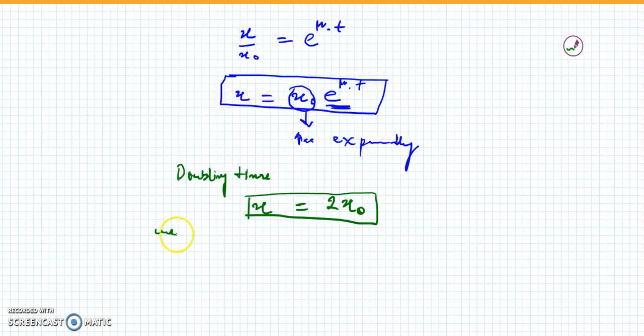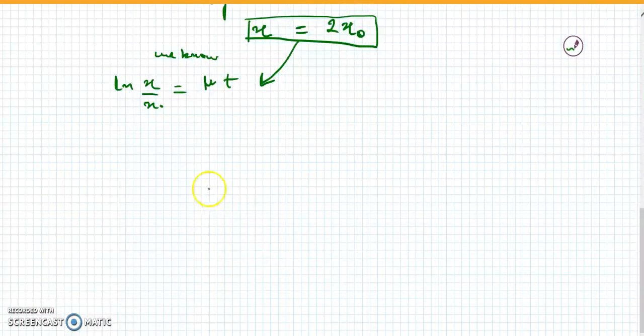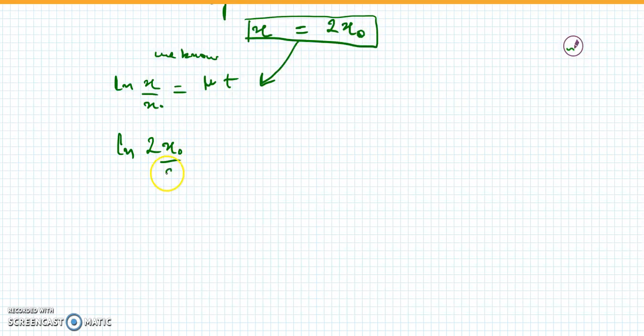We know ln x divided by x naught is equivalent to mu t. Now put this value in this equation, we will get ln 2x naught divided by x naught is equivalent to mu t.